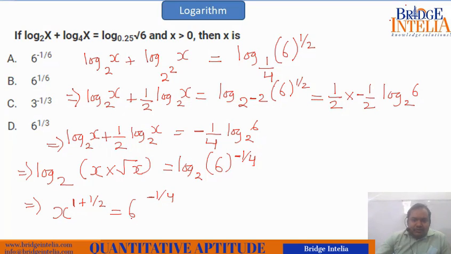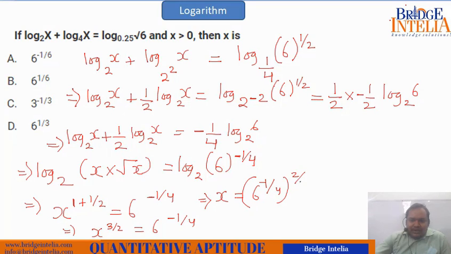So it means x to the power 3 by 2 is equal to 6 to the power minus 1 by 4. So from here it is clear that x is equal to 6 to the power minus 1 by 4 whole raised to 2 by 3. So this is 6 to the power minus 1 by 6.